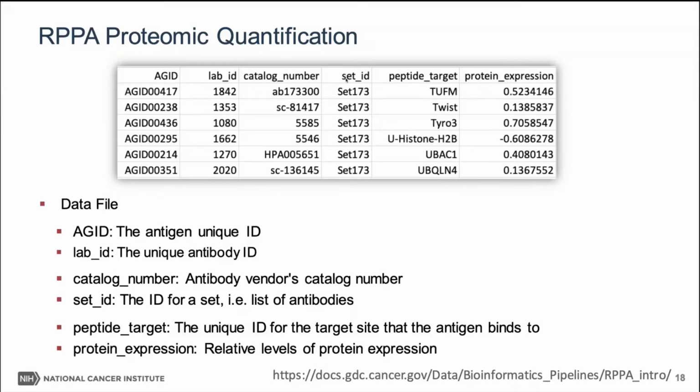The MD Anderson Center often has, say, 173 antibodies queried in this analysis for a period of several years. And now I have validated 15 more antibodies. I added these 15 more antibodies to my old set. So I am querying 220 antibodies. So they will create a different set ID. It's kind of related to the batch. So that's how they have this set ID.